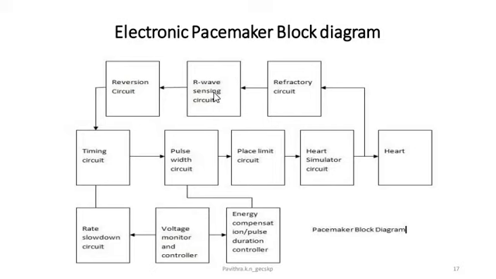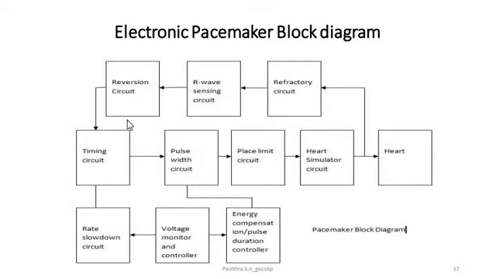Another function is to reset the oscillator when the pulse is not needed. So when the R wave is not sensed, or during the other time, the oscillator should be reset. It is done by this R wave sensing circuit.